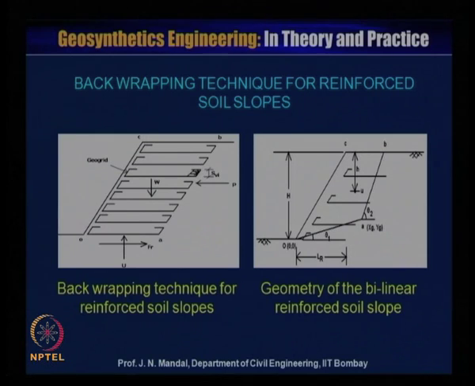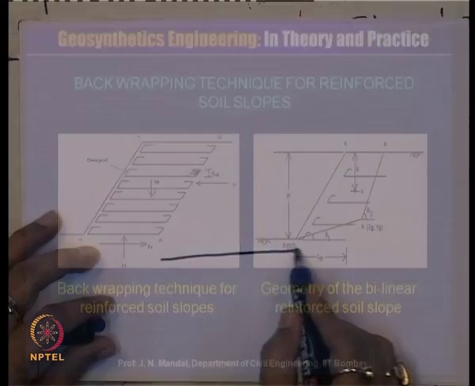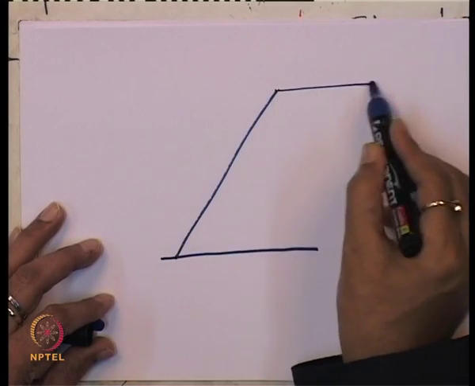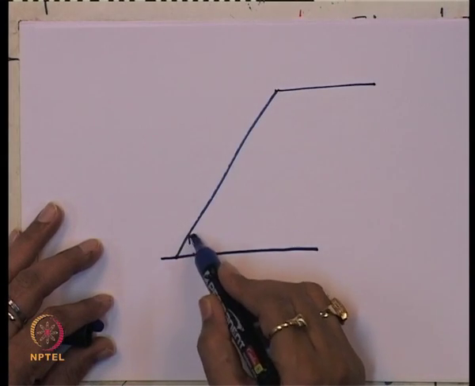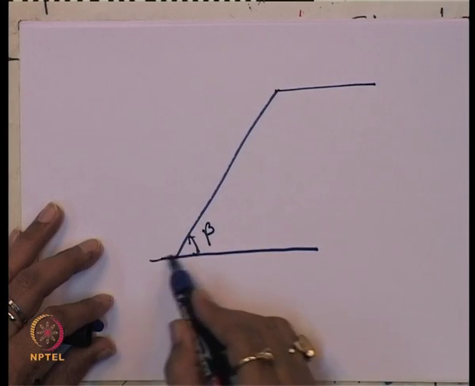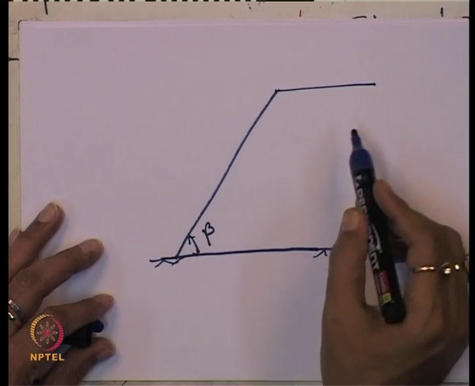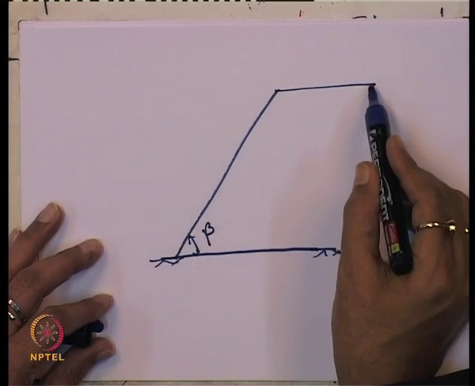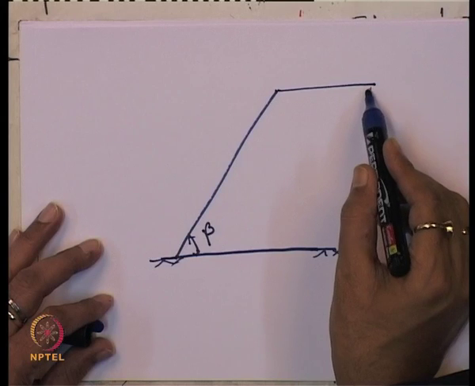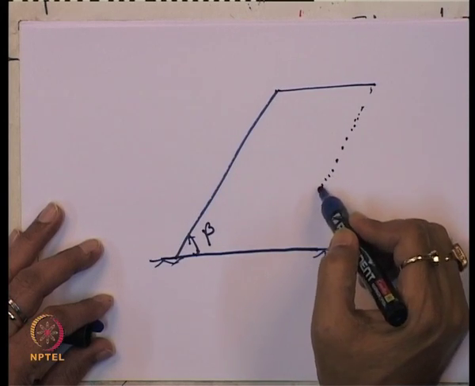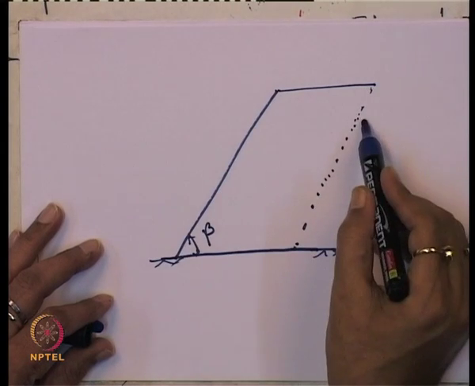For an example, I want to construct a steep slope. So this is the slope which angle is equal to beta, and you can see that sometimes you cannot go beyond this length.